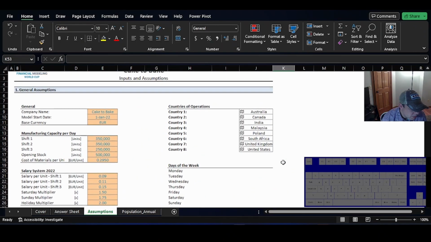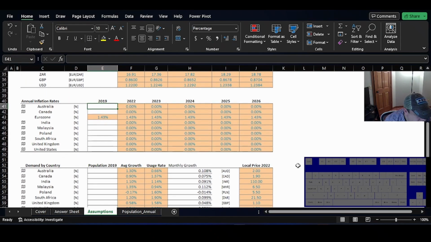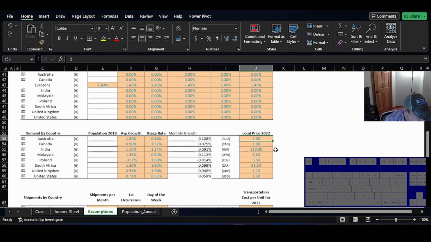Is there a price increase number? They're just doing it by inflation rates? They must. Okay, so there's the local price.